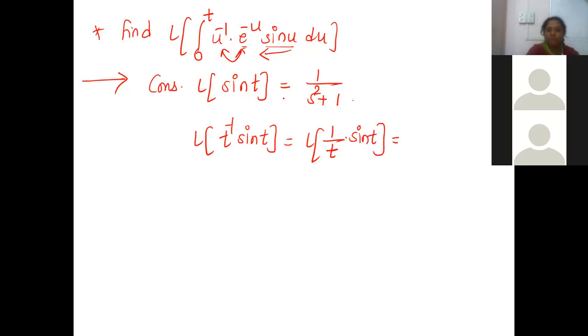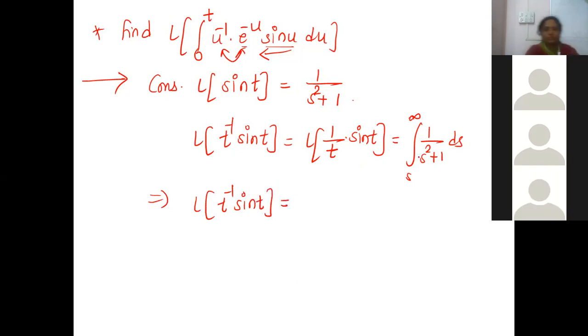So division by t, what will be on the other hand side? Integration. Correct. From s to infinity, right? So what is that? Laplace of t inverse sine t integral. What is that integration? Tan inverse s, from s to infinity.